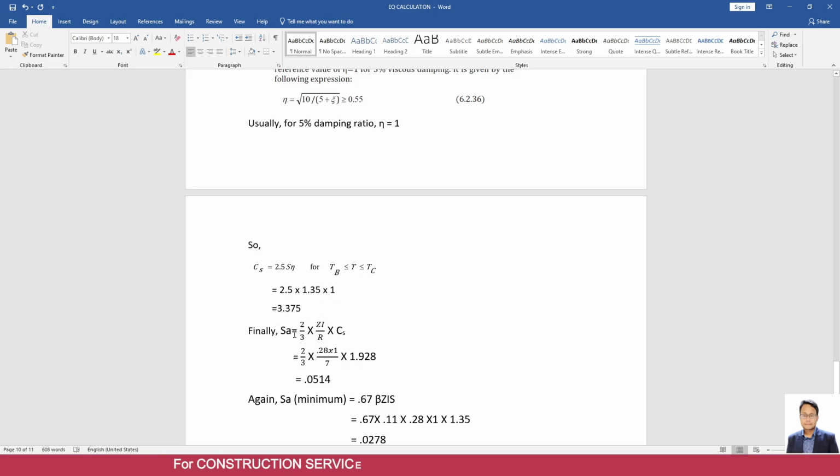The formula was S equals 2 by 3 ZI divided by R into CS. Now we know the value of CS, so we can calculate SA. 2 by 3, Z value is 0.20 here, I value 1, the value for R is 8, and the value for CS is 3.375.